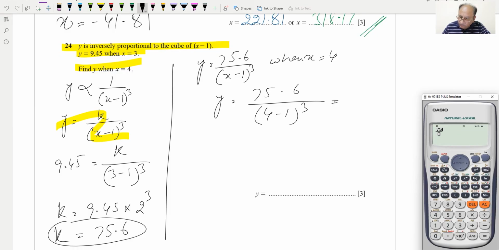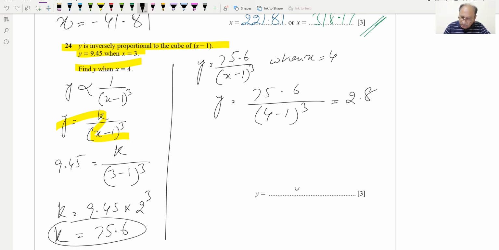It will be 75.6 over 4 minus 1 which is 3, so 3 cubed, which is equal to 14 by 5 or 2.8. So our answer will be 2.8, and this is a 3-mark question which is done.